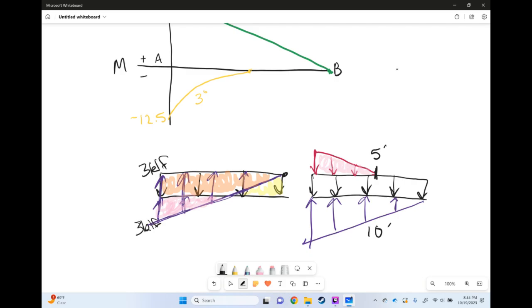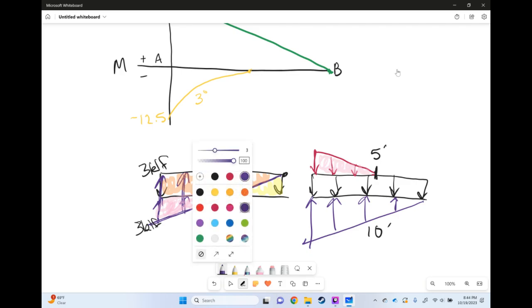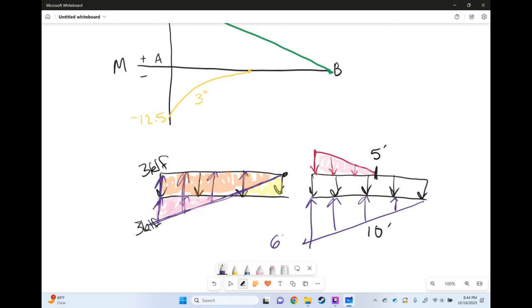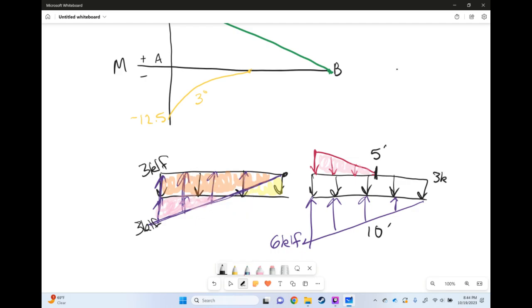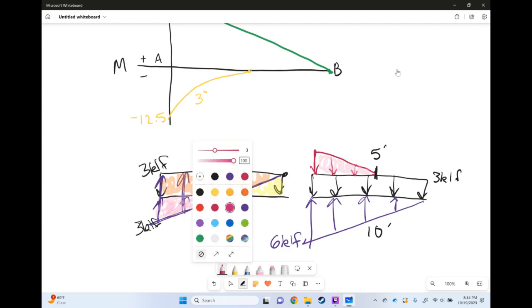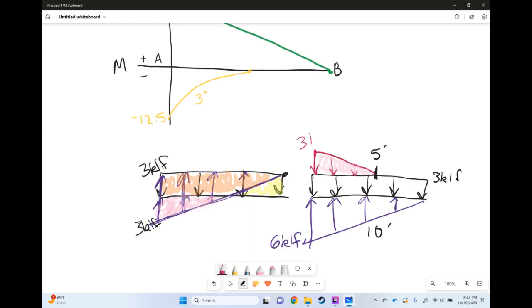But 3 kips per linear foot plus 3 kips per linear foot puts us at a grand total of 6 kips per linear foot for the purple one. So again, we've got 3 kips per linear foot for the black one. We got 6 kips per linear foot for the purple one. And for our nice little magenta one, we also have 3 kips per linear foot.